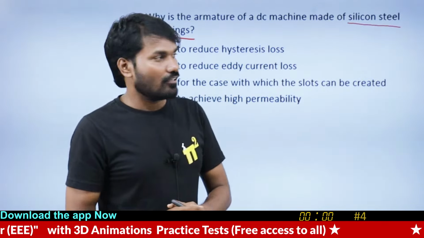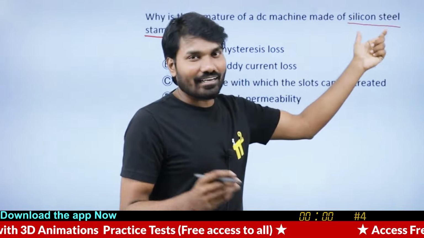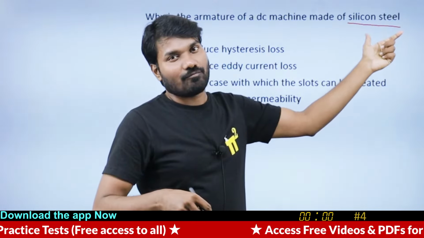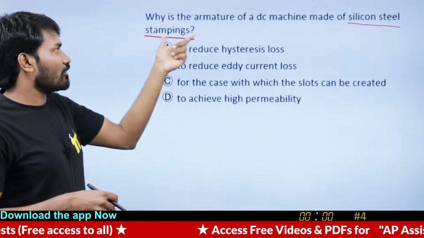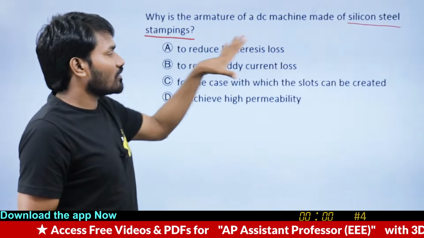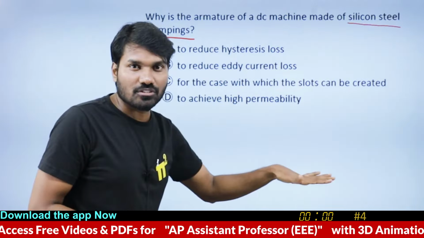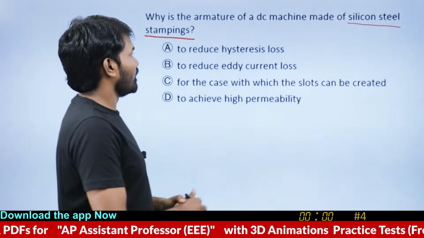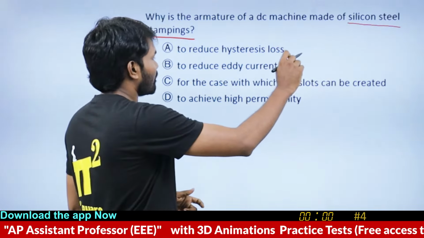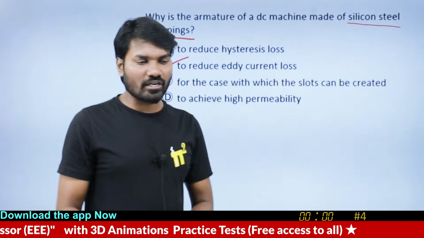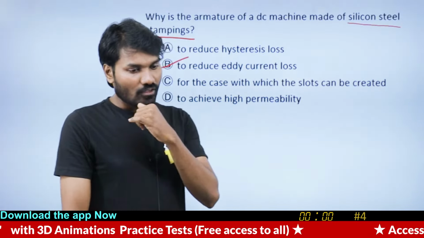That reduction will reduce the eddy currents. And again you are laminating it further, which will further reduce the eddy current losses. So overall silicon steel laminations will reduce the eddy current losses. Not the hysteresis. Eddy current losses. Answer B, most of you did right, most of you did wrong as well.